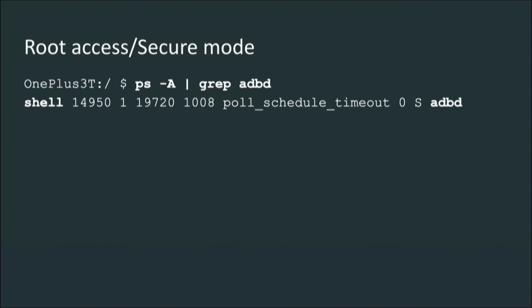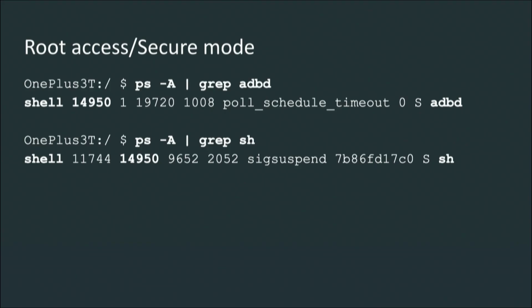And now, if we look at process states at runtime, we can see that the ADB daemon that is running on the device is owned by the user shell, and the shell that we are interacting with when we are typing in these commands is owned by the user shell as well.